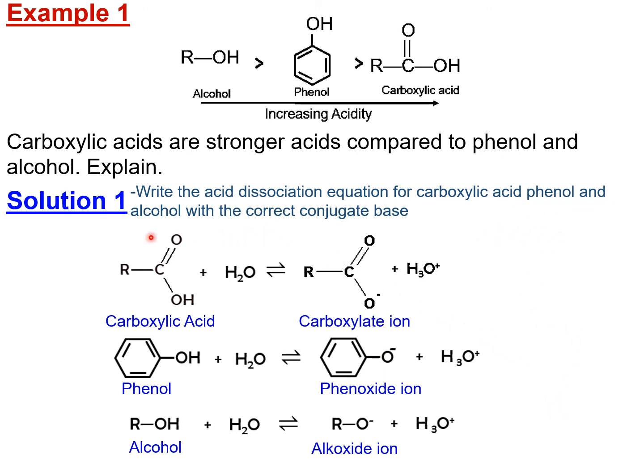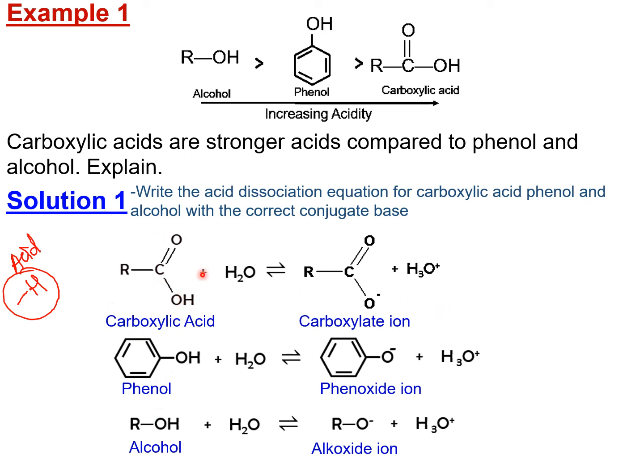Okay, so kita tengoklah the first solution di mana kita write the acid dissociation equation untuk carboxylic acid, phenol dan alcohol. Macam mana you nak write down the acid dissociation equation? You need to remember kalau let's say acid dia punya proton. Okay, so you kena tahu mana satu proton yang dia nak let go.